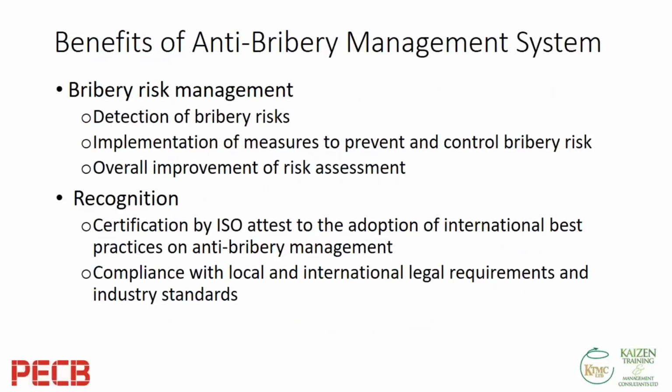Bribery risk management is an integral part of the management system. There are some benefits to be gained. First, bribery risk management allows for the detection of bribery risks. So the organization will do a comprehensive survey, a risk assessment of all its aspects to find out where there are risks, where there are possibilities.